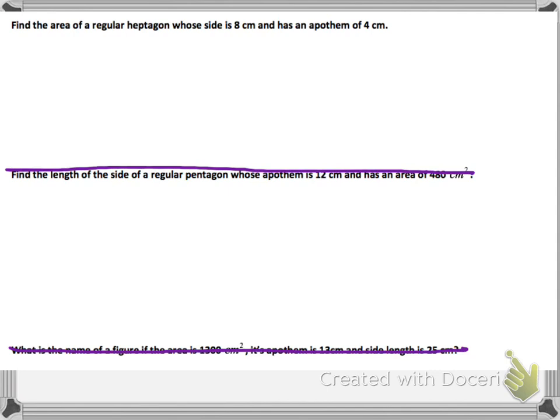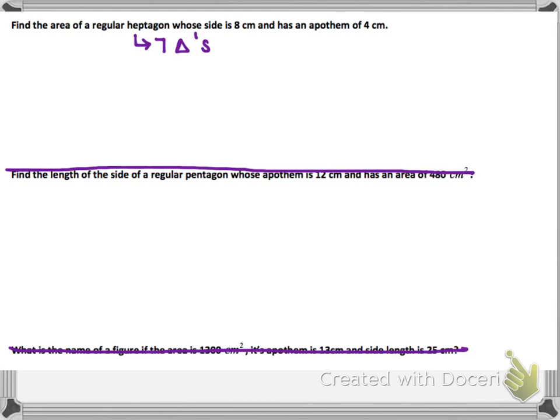First of all, it says find the area of a regular heptagon whose side is 8 centimeters and has an apothem of 4 centimeters. I know that this has 7 triangles, because a heptagon has 7 sides.